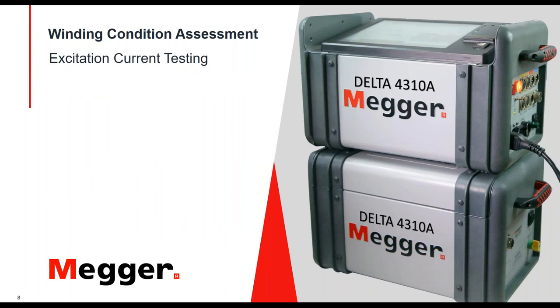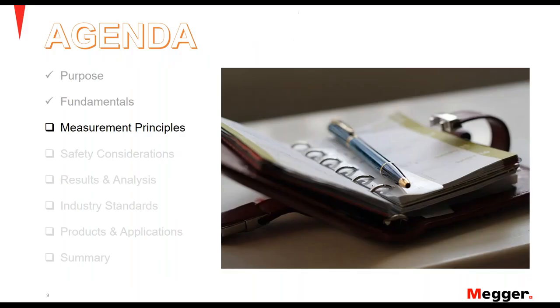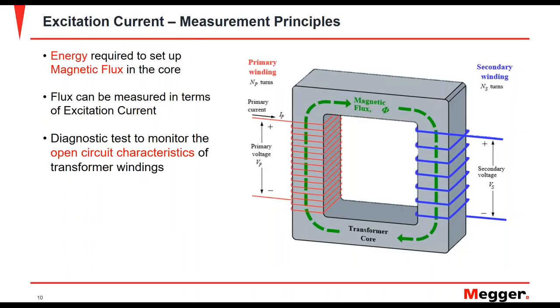So now I'm going to start discussing the excitation current testing section of this seminar. Let's go ahead and understand what the measurement principles involved in the excitation current test are. The idea of a transformer is that you energize a primary winding of the transformer and you get a voltage at the secondary side.